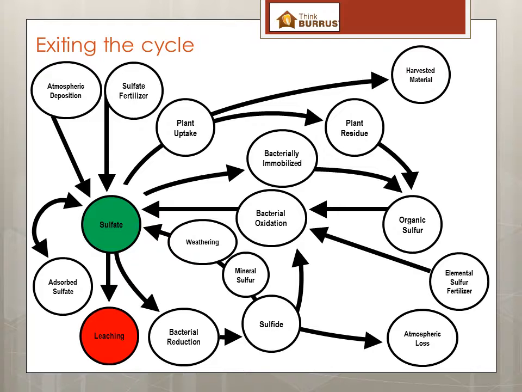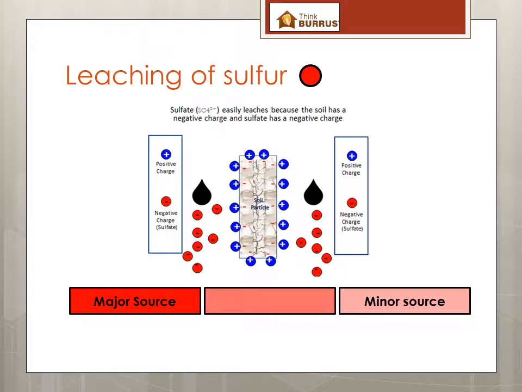And I want to now talk about why that would be. It has everything to do with those positive and negative charges. Remember, the soil itself has a negative charge, and sulfate has a negative charge. Just like a magnet, positive is attracted to negative. Like charges are not attracted to one another, and that means all the cations in the soil are attached to the soil particle, whereas the negatively charged particles are not attached to the soil particle.